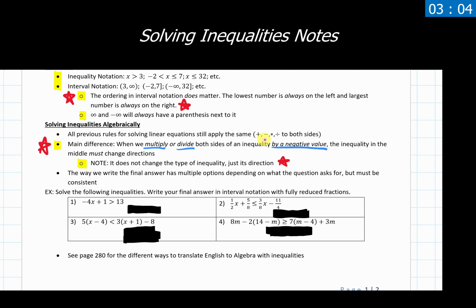We still add, subtract, multiply, divide to both sides the exact same way. We can still eliminate fractions on both sides of an inequality the exact same way. We can still rewrite decimals or work with decimals the exact same way. All of our tricks and everything that we learned are still fair game too.